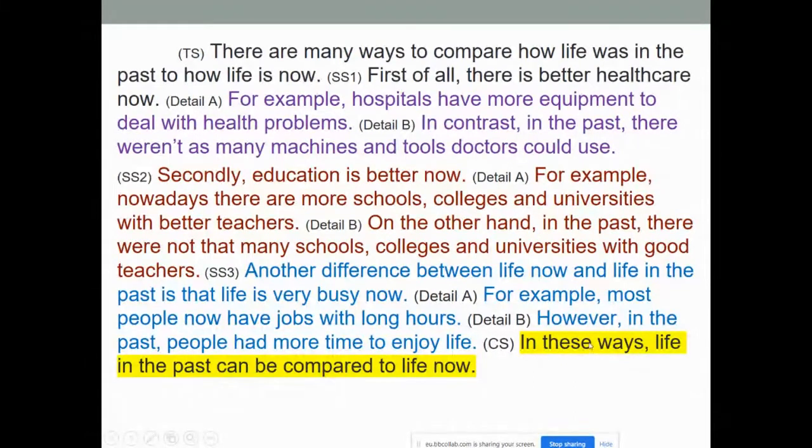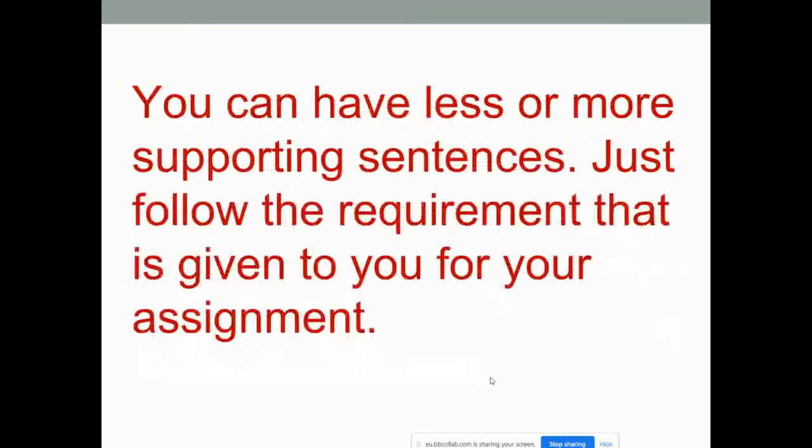I say in conclusion, or in these ways, life in the past can be compared to life now. So this is my conclusion. So I hope you understand and you like it. Is it clear, boys? This is the most important objective of your program and course, and it is your assignment as well. Clear, doctor. Thank you. Okay, fantastic.